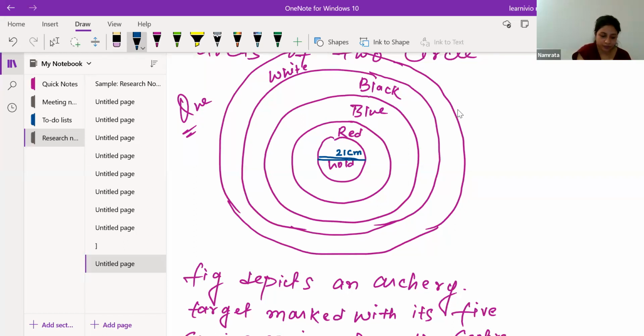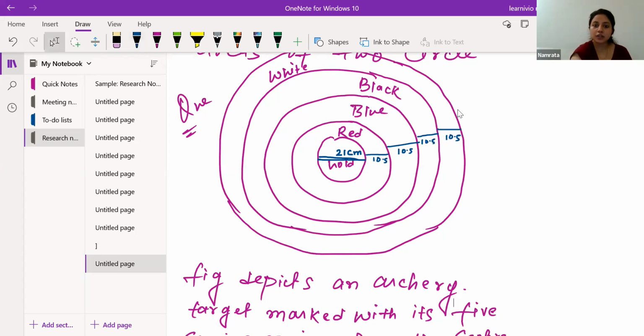Each width is given as 10.5. This is 10.5, this is 10.5, this is 10.5. That's what the question says.